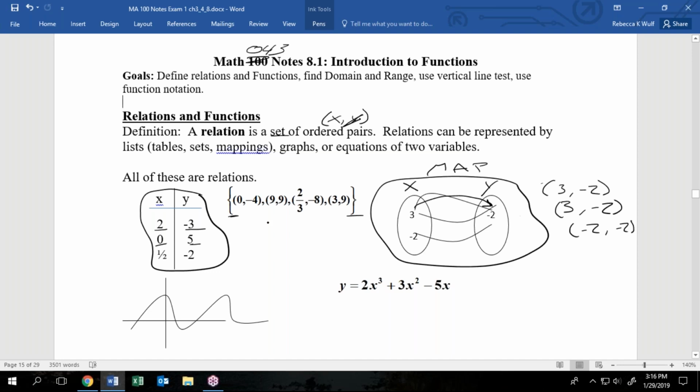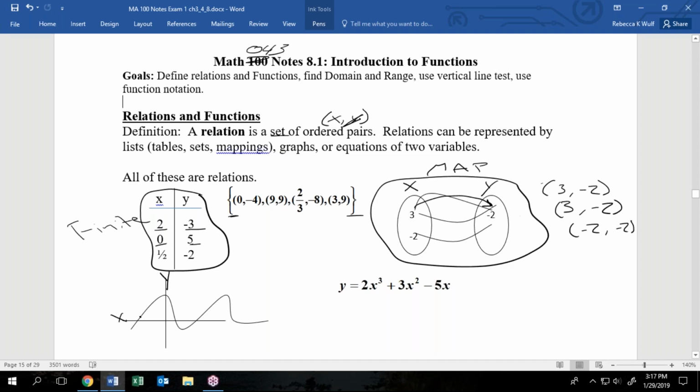Okay, but what if we don't just have what I would call a finite set? Those first three examples are all finite. They each have 3 or 4 points, and that's it. We could have a graph, where we have the graph of some kind of equation.